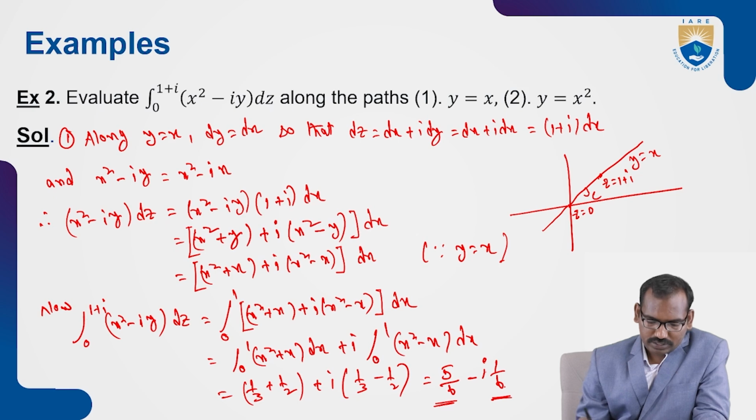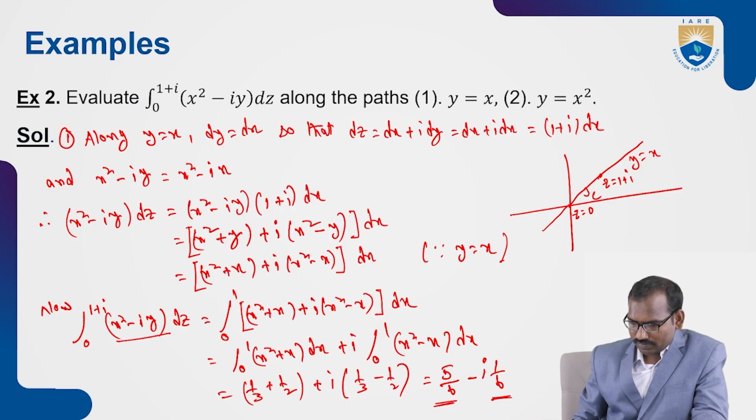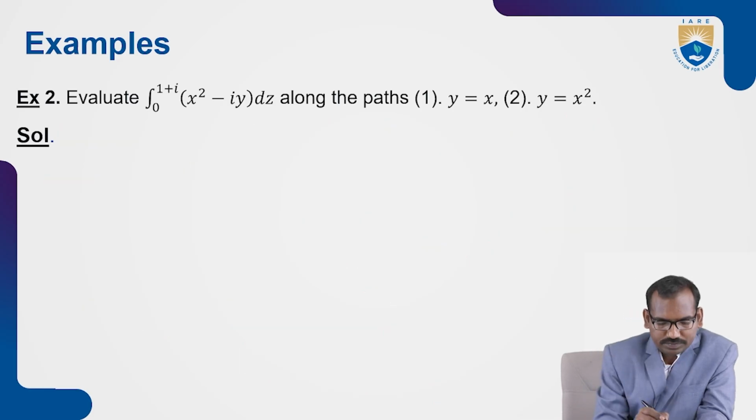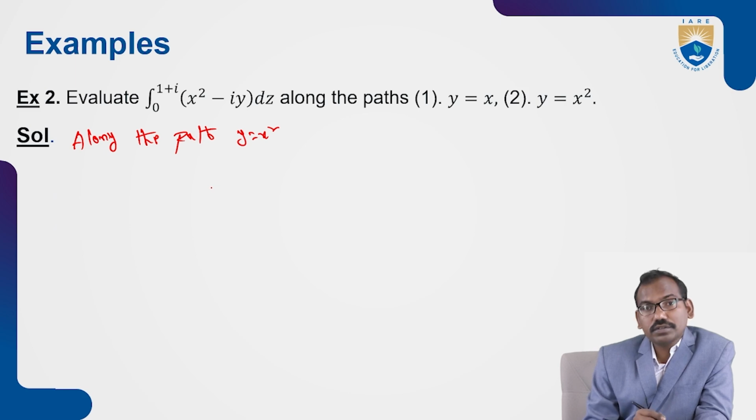Then we performed the integration of x square plus iy dz along this straight line path, y is equal to x, and you get this numerical value. Similarly, if you take the path y is equal to x square, you can do it in a similar fashion.